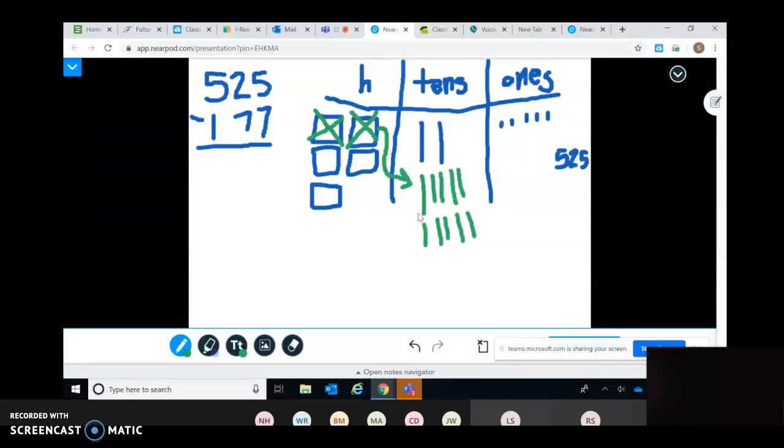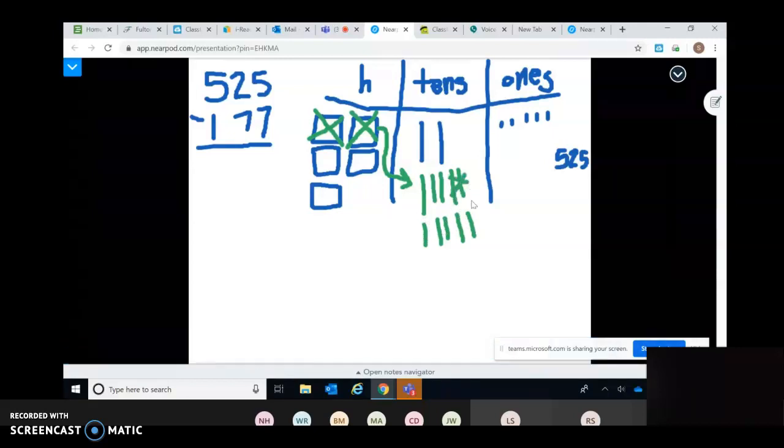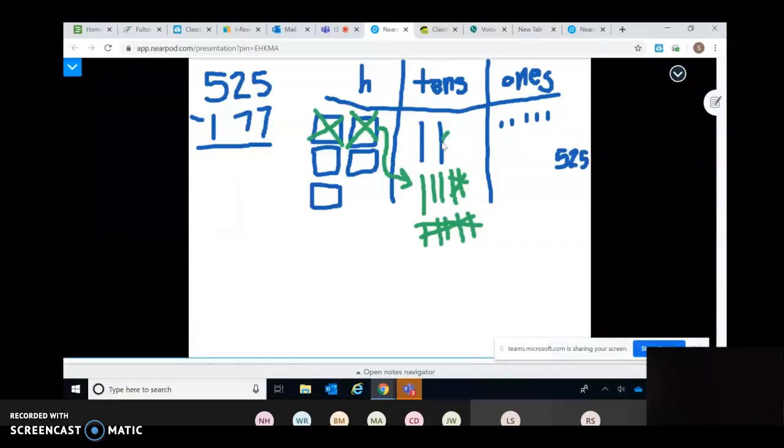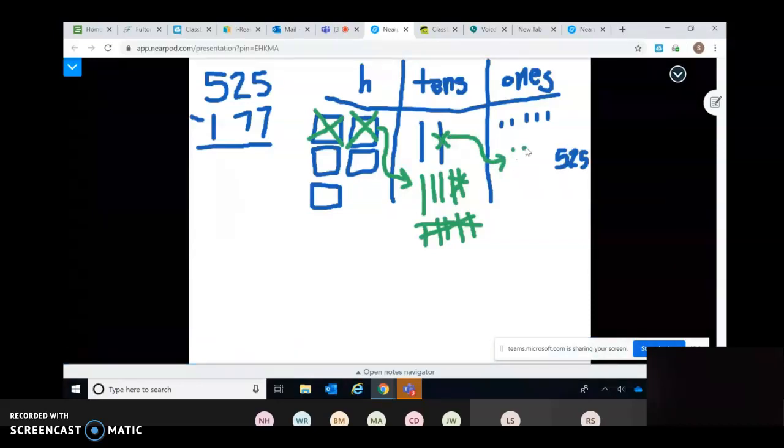And since I have it here, I'm going to take out 7. So I have 5, 6, 7. Always use your number sense. And then up here, same problem. I have 5 ones, so again I'm going to have to regroup one of my tens and make 10 ones.